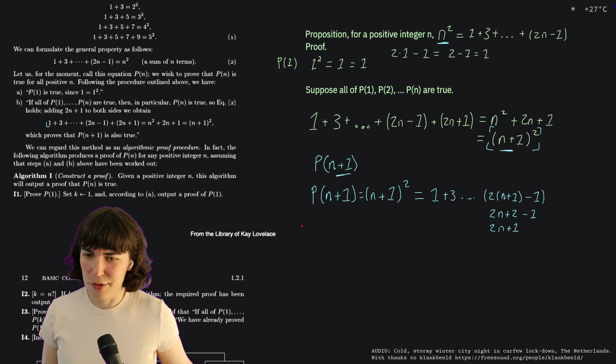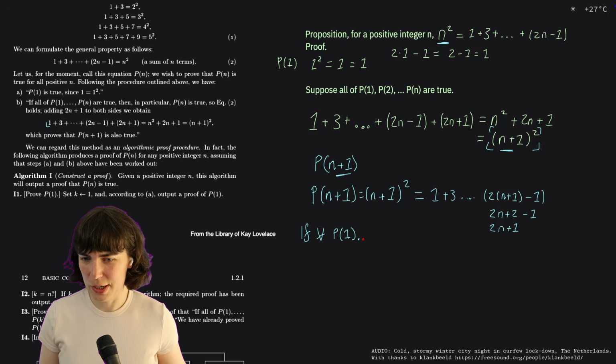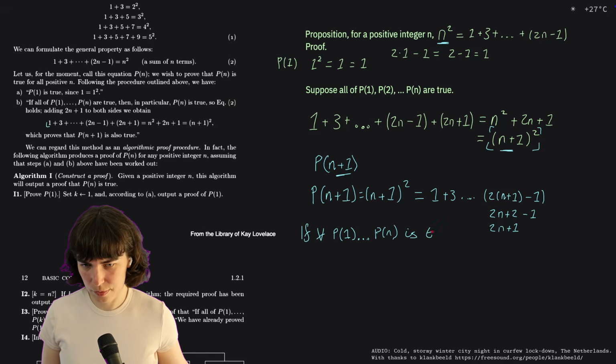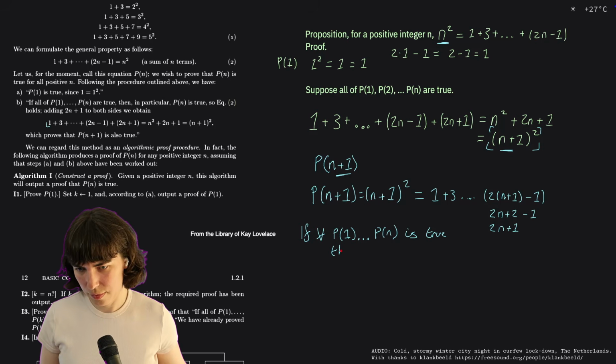Let's use some notation just for fun. If all of them through to n are true, then Pn plus 1 is true. That's what we're supposed to prove.